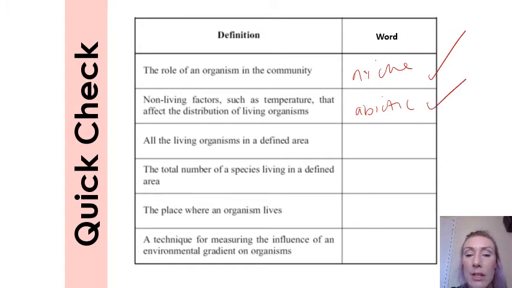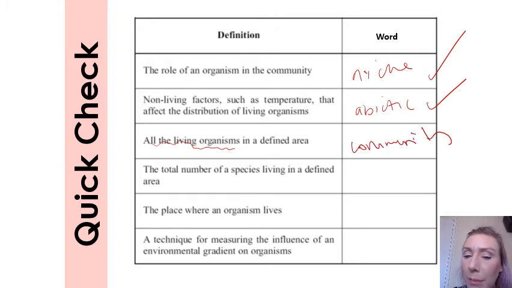All the living organisms in a defined area. Now you might have struggled with that one a little bit because it's a different way of saying what we said. So all the living organisms, now that's all the different species. So that's got to be community.